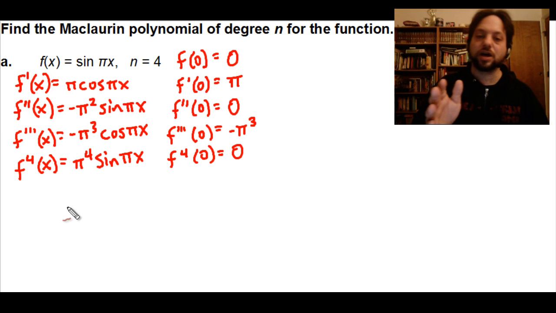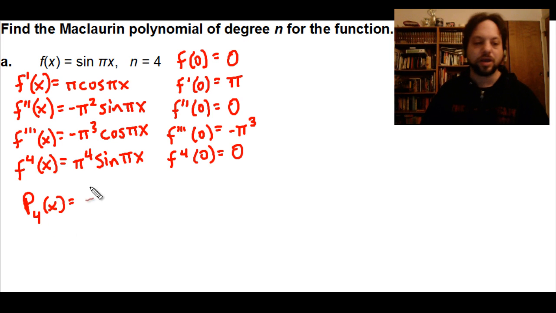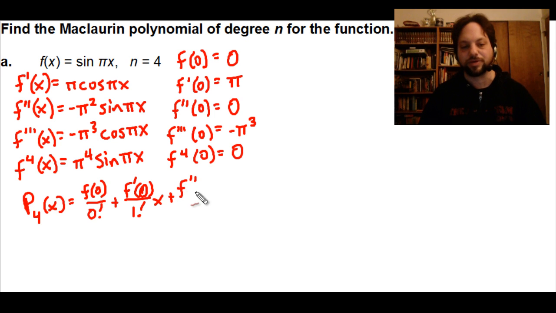Now, hopefully you still have the definition for the Maclaurin polynomial in front of you. And if that's the case, let's see what the fourth degree Maclaurin polynomial is going to look like. The way I do that is I'm just going to go f of 0 over 0 factorial. I'm going to add that to f prime of 0 over 1 factorial with an x. I'll add that to the second derivative evaluated at 0 over 2 factorial, there's my x squared.